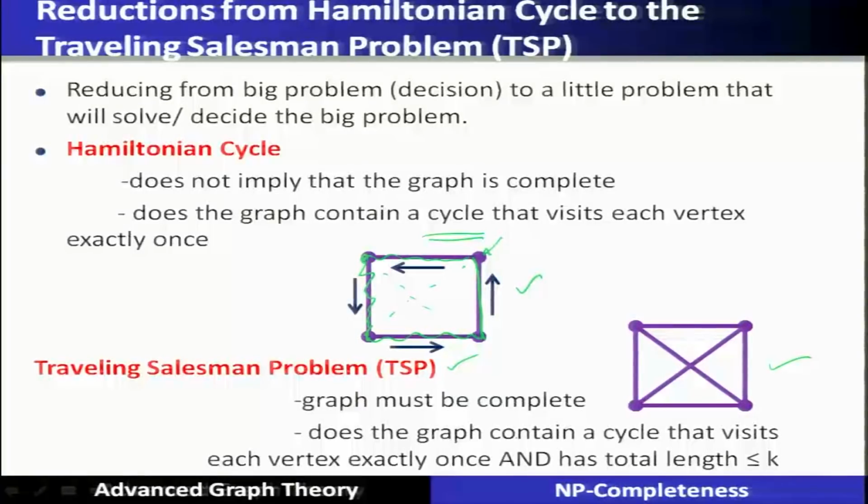The second thing is that the graph contains a cycle that visits each vertex exactly once and also the cost of the total tour should be less than or equal to k for some given value of k. So, it is not any such cycle, but a cycle having a total cost less than k. Those kinds of cycles are required in the traveling salesman problem setting.